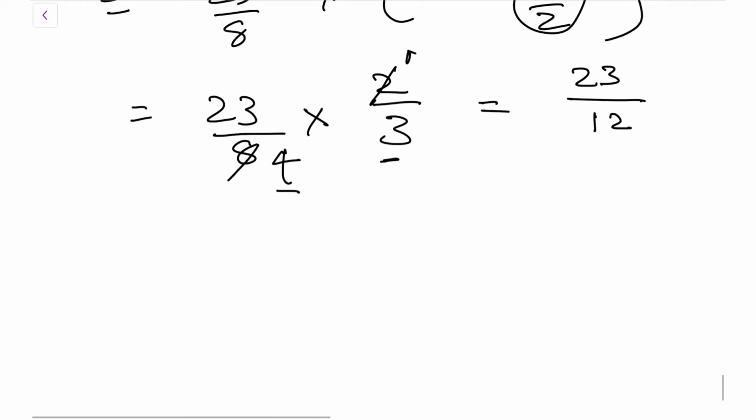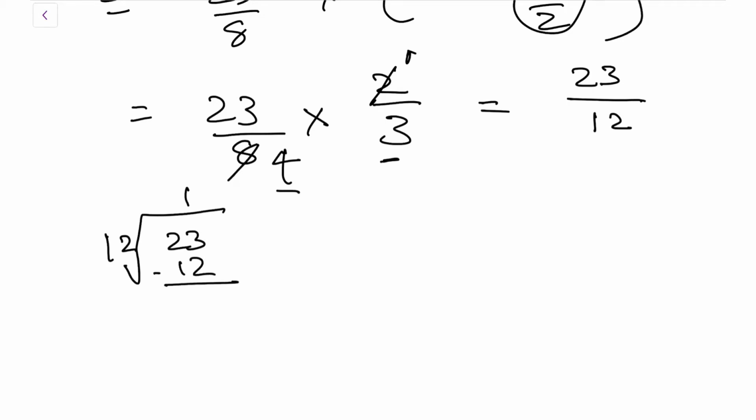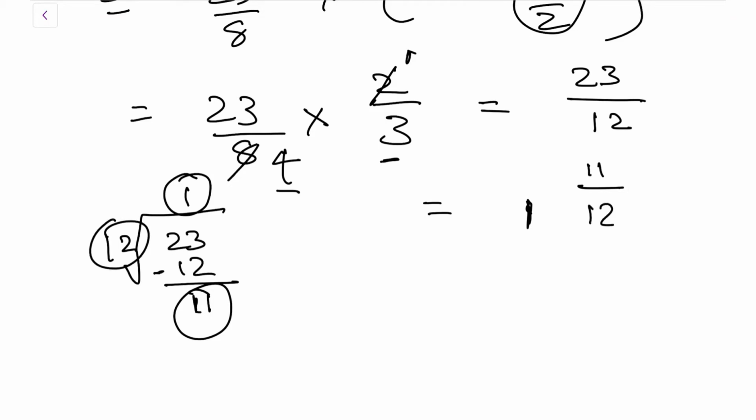And if you have to make it into its simplest form, do the division. 12 1s are 12, and that becomes 11. All right. So 1 becomes your whole number part, 11 becomes your numerator, and 12 becomes your denominator. So the answer is 1 11 by 12. This is how you can do division of mixed fractions.